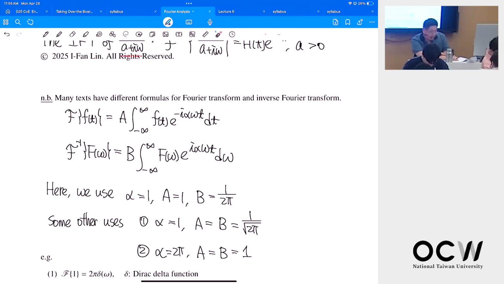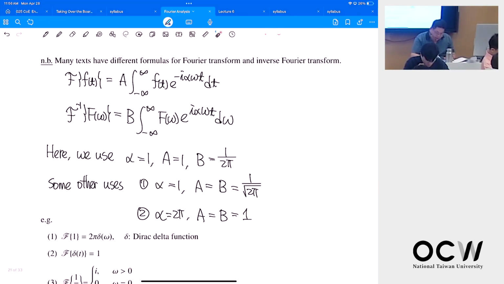And then later on, for some commonly used functions, you derive them many times, then you can remember, or you just check the table. And also in our exam, I will give you some table. You can use the table to find the Fourier transform.